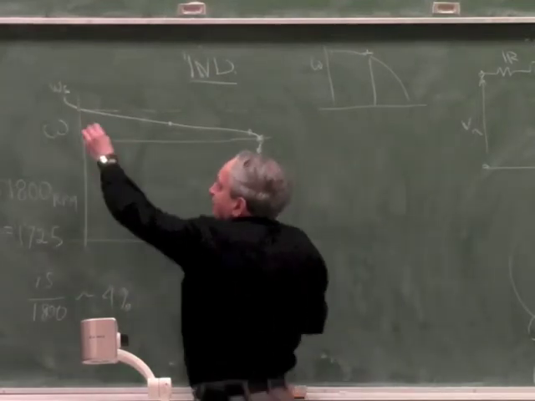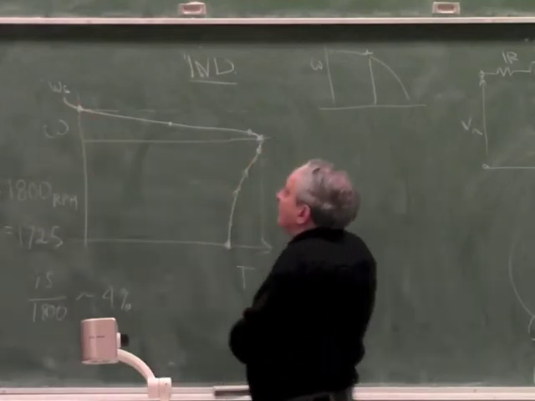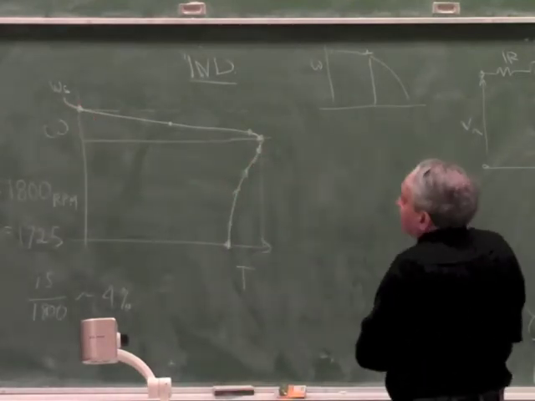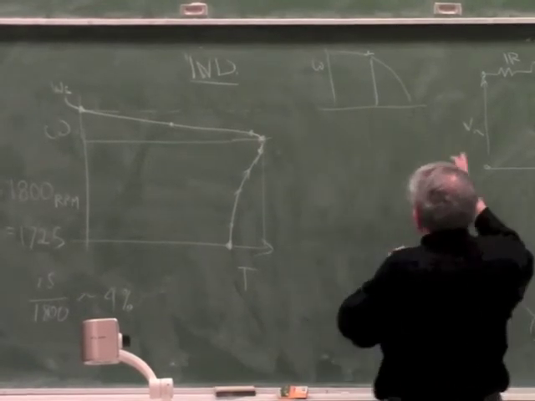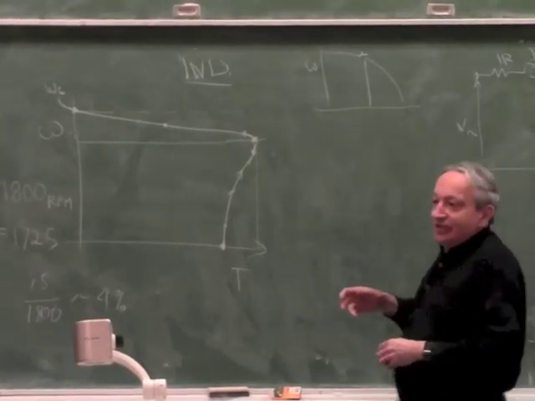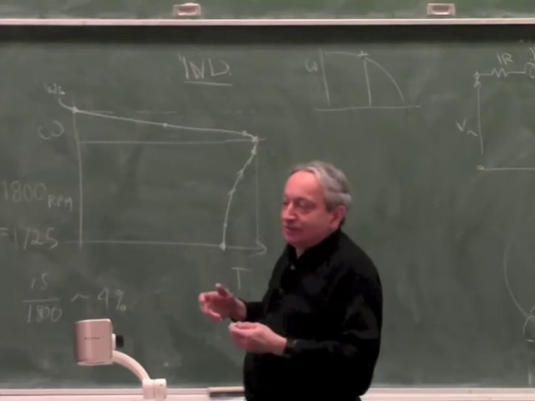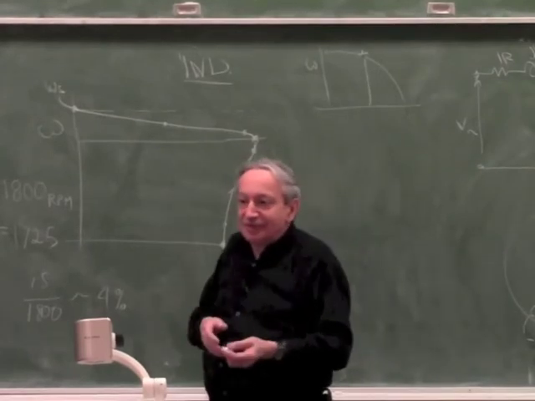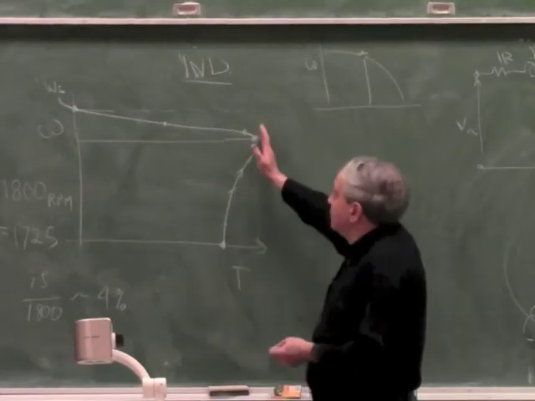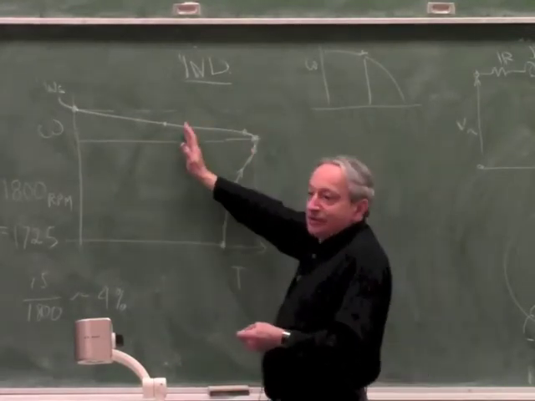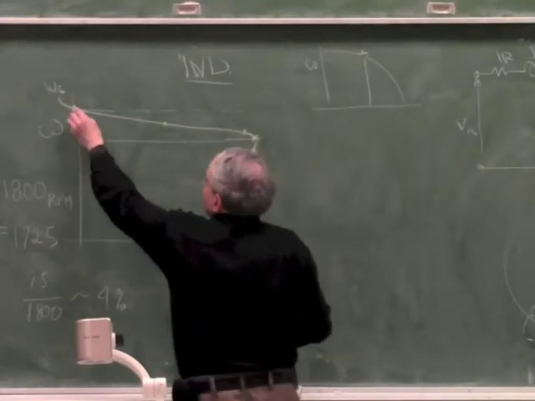Yes, it has to start from synchronous speed. Lower voltage means less current at the end, because it's back to the equation like before, that the current is the difference between the voltage and the EMF divided by the impedance or resistance. If you have less voltage, you have less current, less torque, so it can't reach this torque. It can only reach a lower torque. So it will have to look like this.